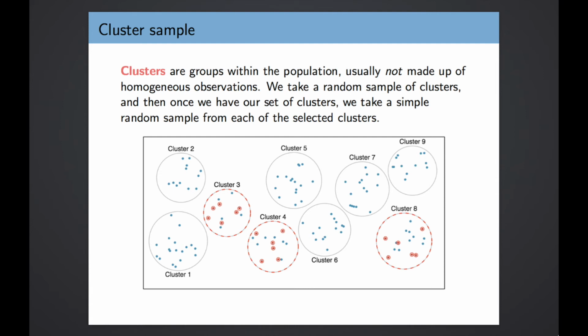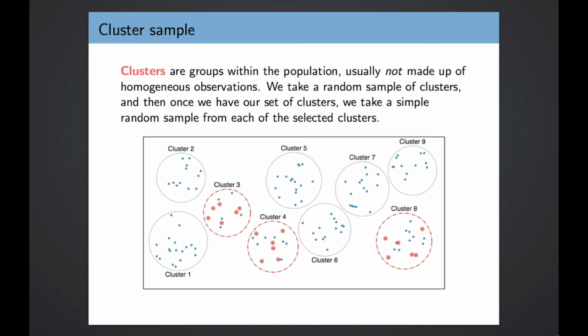And then in those randomly selected clusters, in this case a cluster is a county, I'm going to go to that county and then take a simple random sample of people from that county. This is a way to cut down on the time, effort, and expense that would be required for me to sample people in each of the 88 counties, but still have a random sampling strategy. So I didn't pick counties that were most convenient for me to get to. I didn't pick counties that were most central or most populous or anything like that. I listed out all of the county options, randomly selected from them, and then went to those counties to randomly take samples.